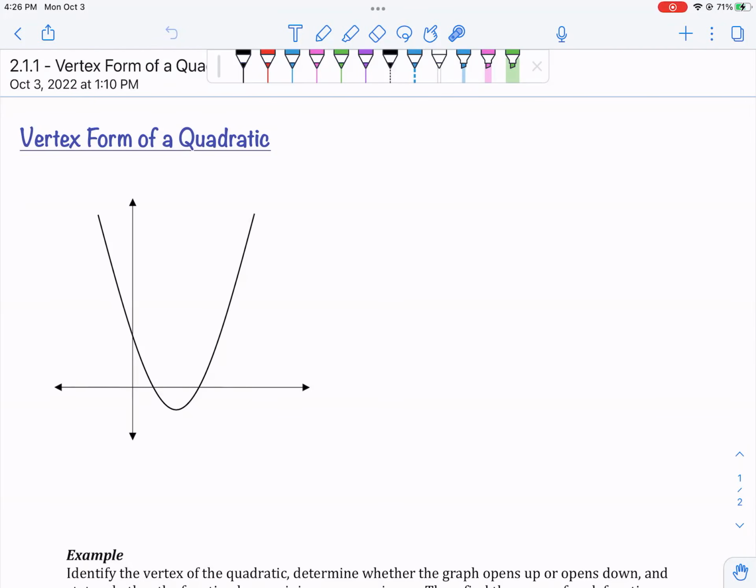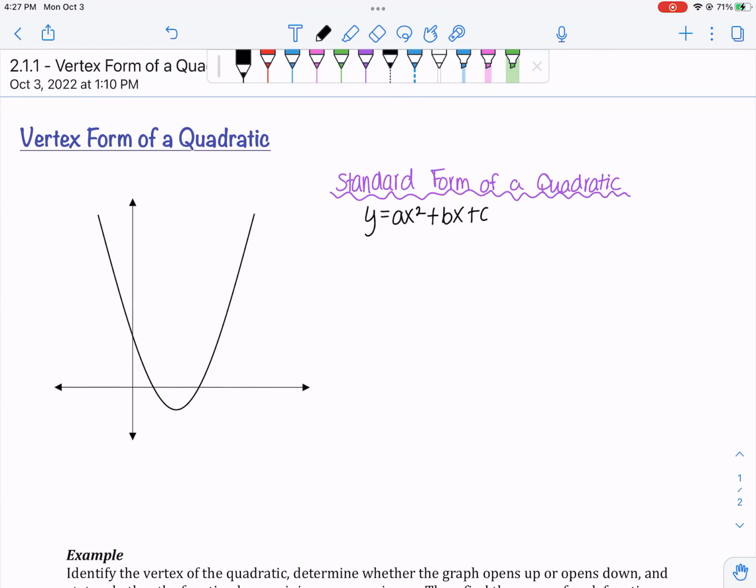The standard form of a quadratic, something you've seen in previous math classes extensively, especially when you talked about the quadratic formula, is y equals ax squared plus bx plus c.